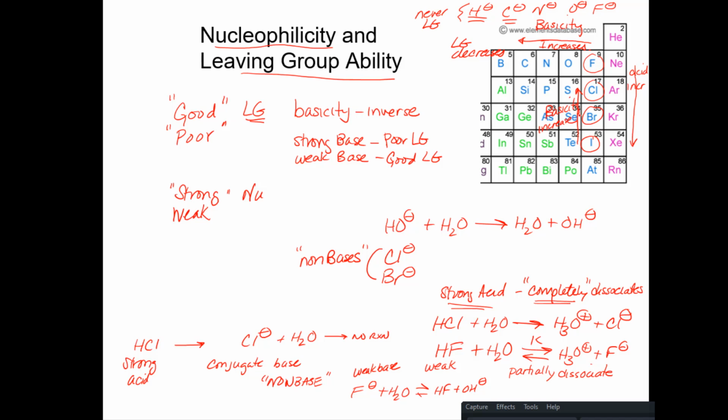So if acidity increases and basicity decreases as we go down the periodic table, what's the best leaving group? I minus. So in terms of the halogens, I minus is a better leaving group than bromide, which is a better leaving group than chloride, which is a better leaving group than fluoride. And these would all be considered good leaving groups.